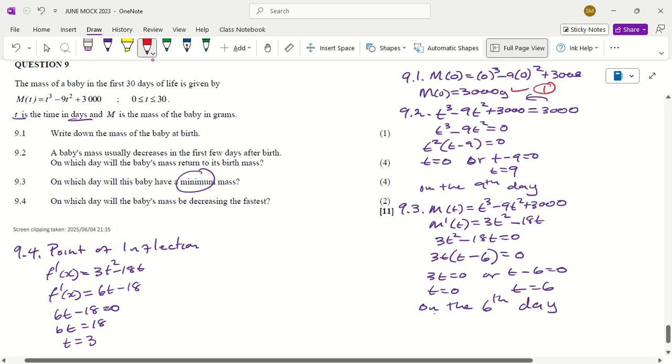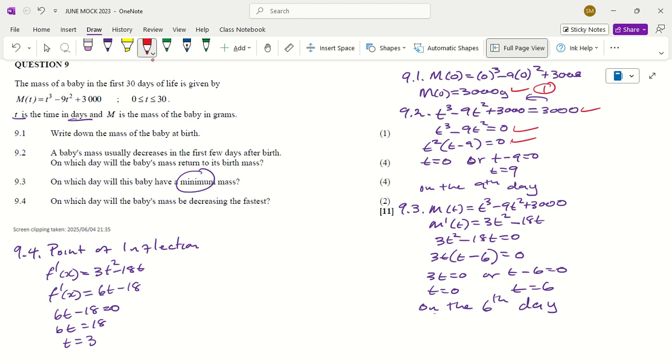And 9.2 is 4 marks, so you get a mark for equating to the baby's initial mass, in fact. And then the next, you get a mark for the derivative equal to 0. You get a mark for factorizing, and then you get a mark for the answer. So in total, this is 4 marks.